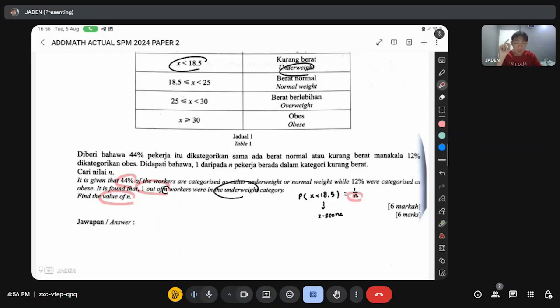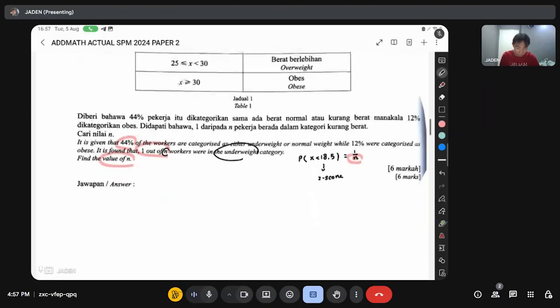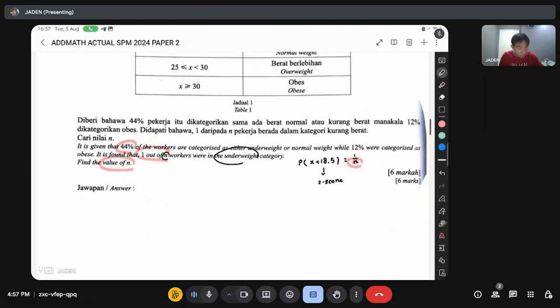So the very first thing is you have to go and find mean and standard deviation. That is why the full question costs 6 marks, which requires much more working steps. So what do we do to find mean and standard deviation? We can consider rereading the question. It is given 44% of the workers are categorized under underweight and normal weight.